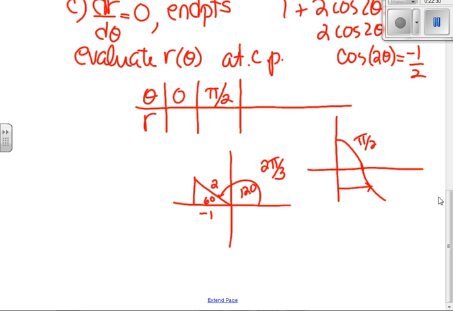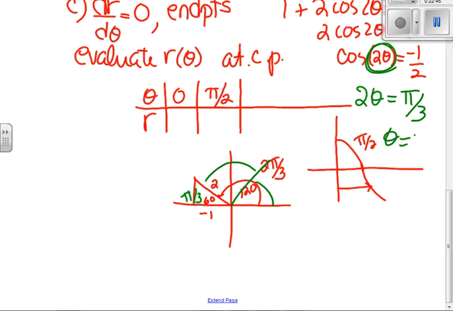Or you could do it, that's the way I used to do it: if this is pi over 3, then this is pi over 3 and another pi over 3. So this angle here, 2 theta, is going to equal pi over 3. So what's theta equal to? Pi over 6.